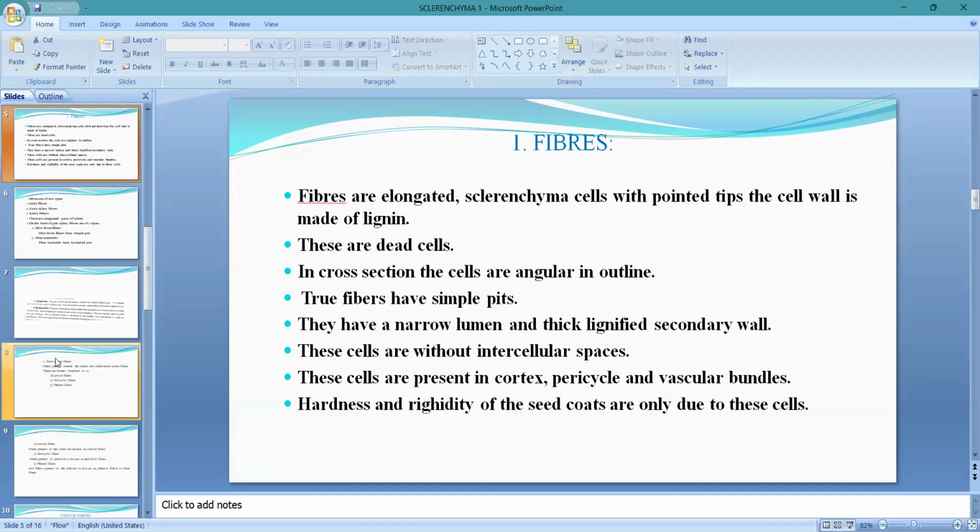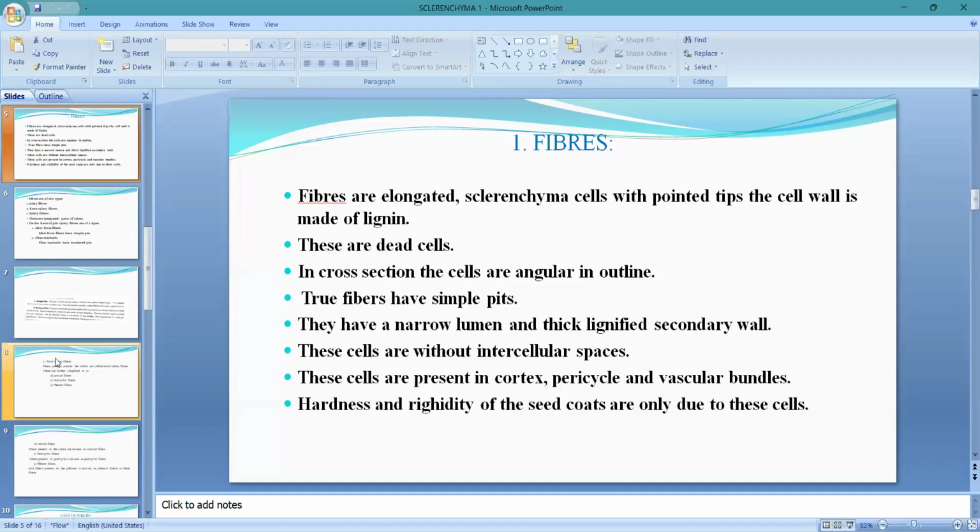They usually occur in bands or form an uninterrupted hollow cylinder. They have great tensile strength, flexibility and elasticity, which enable the plant organs to withstand a variety of strains and tensions resulting from the action of wind, gravity, etc.